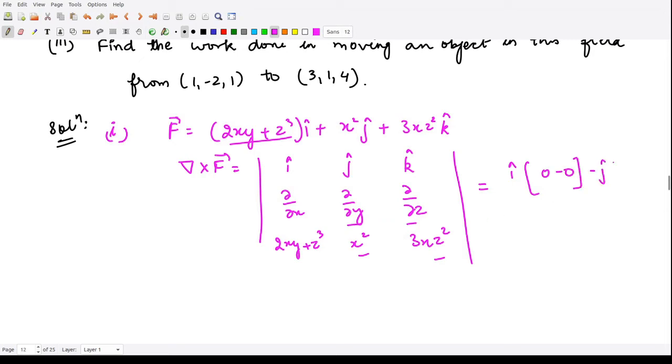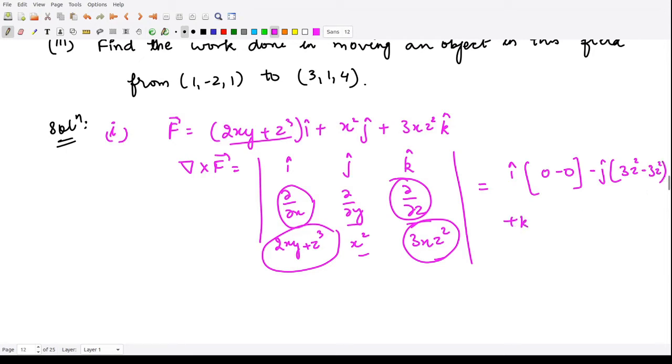Then minus j cap times 3z square minus, applying this operator onto this function, again 3z square. And for k cap, you apply this operator onto this function, which is 2x, minus applying this operator onto this function, which is again 2x.